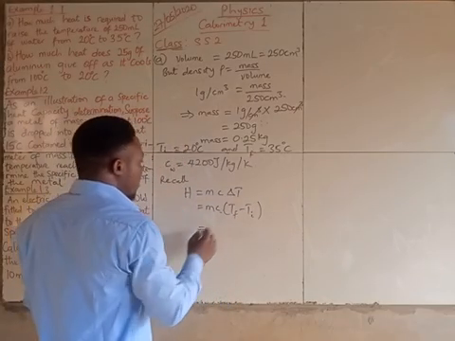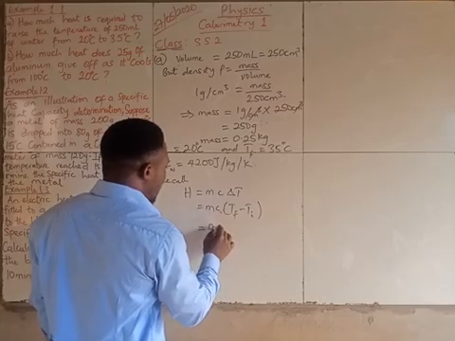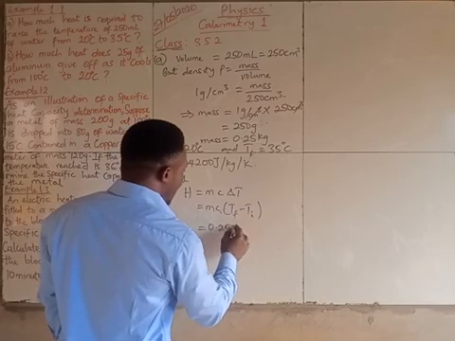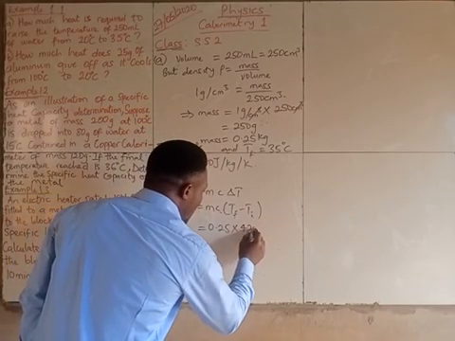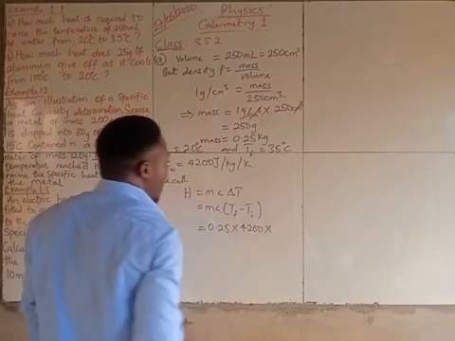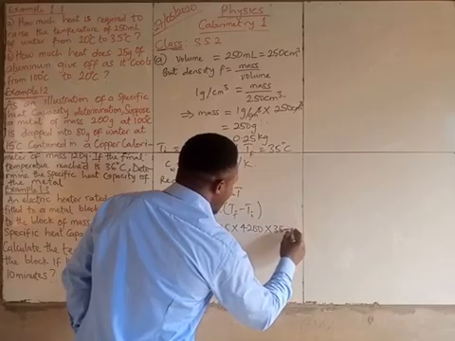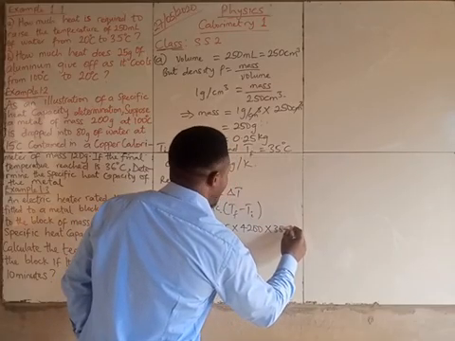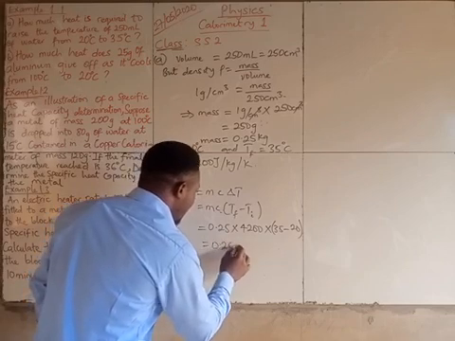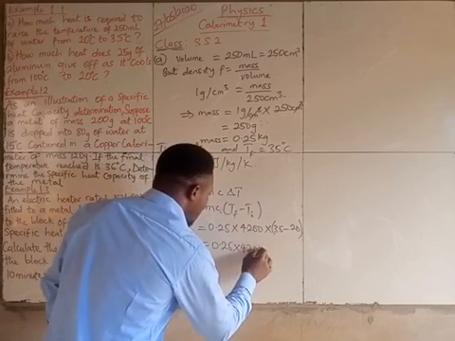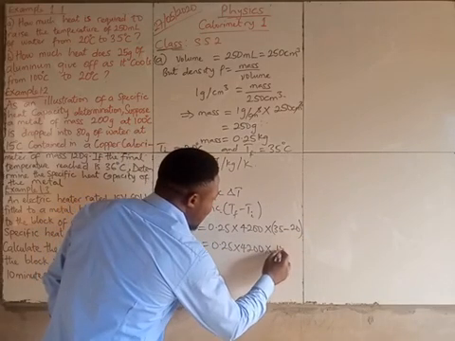Our mass is 250 over 1,000, which is 0.25, times our C, that specific capacity of water, 4,200, times our change in temperature, that is T final, 35 minus 20, which gives us 15.